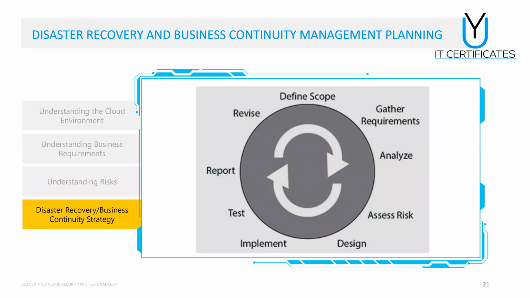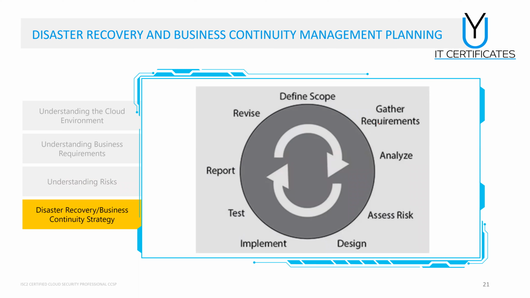The best approach when you think about disaster recovery and business continuity is, step 1, design or define the scope, understand the requirements of the business and the top management.